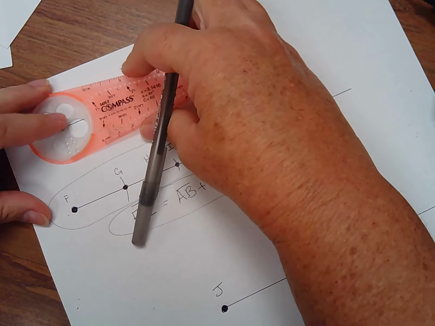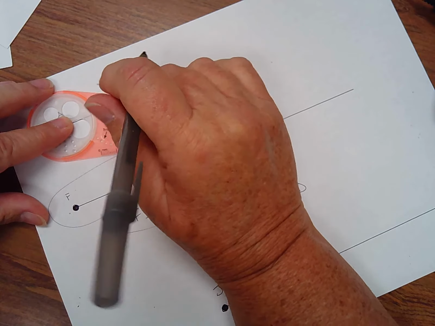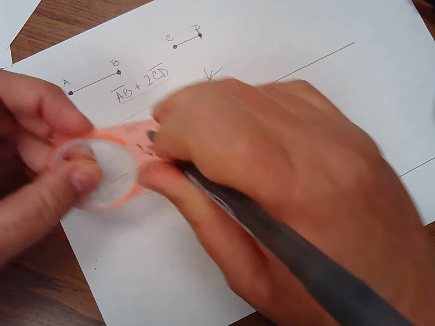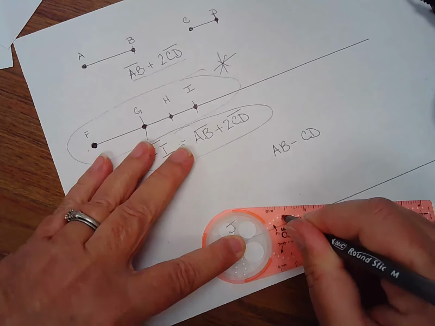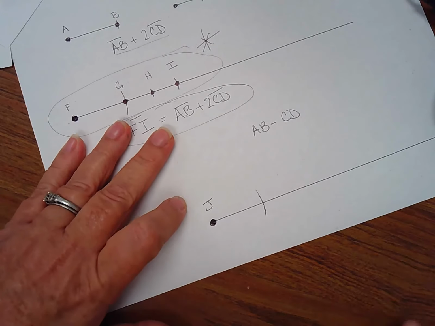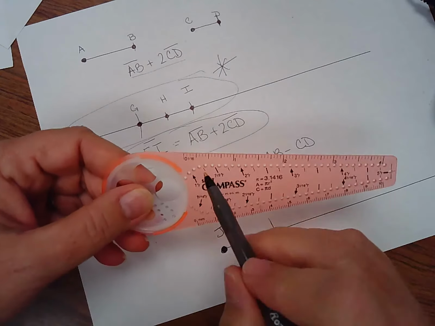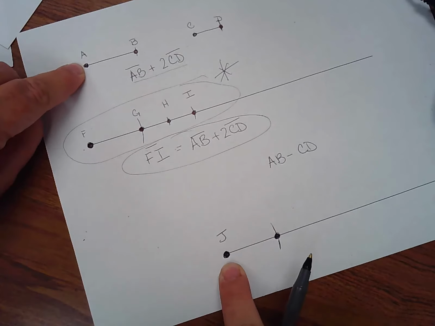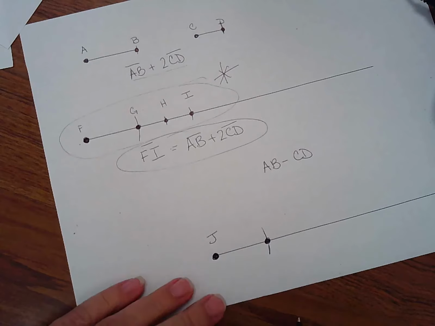So again, I'm going to find where AB was on my compass because I forget already. It's right there. So I'm going to move it, and I'm going to put the brass ring on J, and in the same hole, I'm going to draw an arc, and because it was in the same hole here and here, and because the brass ring was on A and J, I know that these two segments are the same.